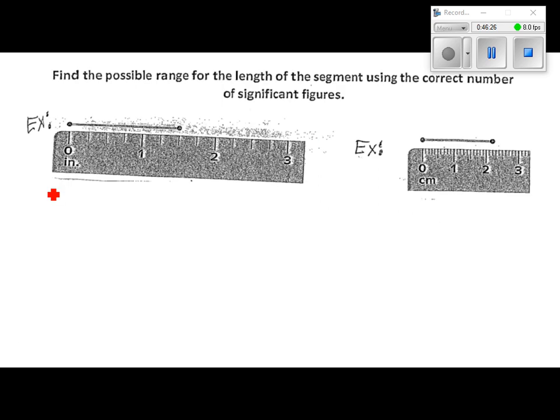Finding the range. Watch closely. Make sure you do this correctly. This first ruler is in inches. How long is our segment? One and a half. 1.5 we'll say.